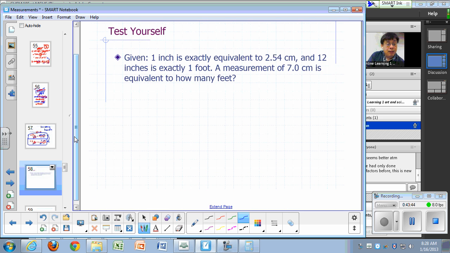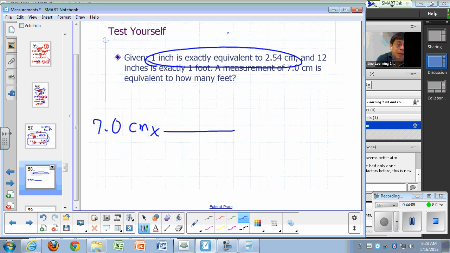All right. Here, given that an inch is exactly 2.54 centimeters and 12 inches is exactly a foot, how do you convert 7 centimeters to feet? Let's do our conversion factor, 7.0 centimeters times. If you look at your equivalents, I know I can go from centimeters to inches, or vice versa.